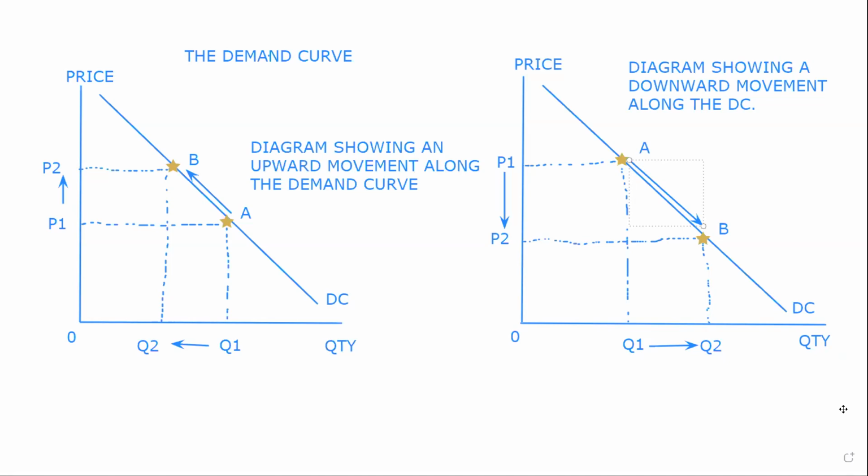And when we keep demanding, the demand curve is going to extend. There will be an extension of the demand curve, or there will be a downward movement along the demand curve. And we said the opposite will apply if price increases.